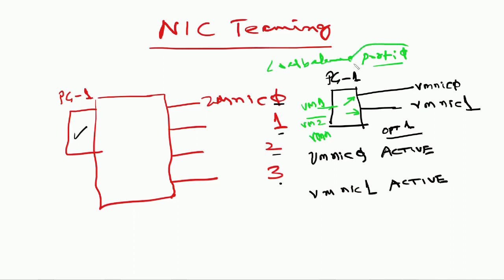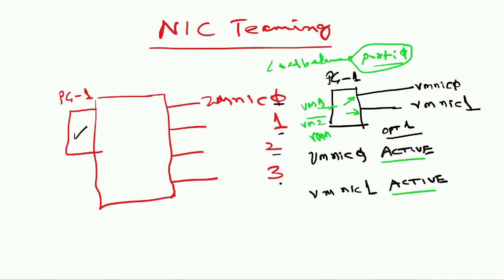Based on their port ID, there will be a hashing done, and because there are 2 active NICs available, the traffic will be load shared essentially and pinned to either one of these NICs, and so you have active, active as the way that the vmnics are operating.